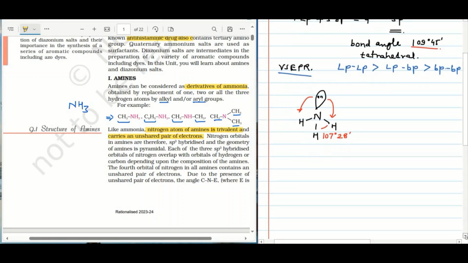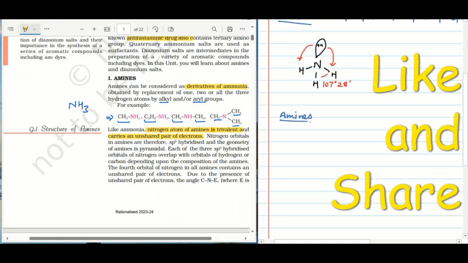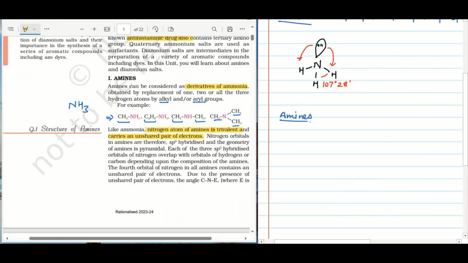Now amines are substituted ammonia, which means when you replace 1, 2, or all 3 hydrogens with an alkyl or aryl group, you will get an amine. So if I replace all the hydrogens with alkyl groups, here this is nitrogen and here I have replaced all the hydrogens with CH3 groups.